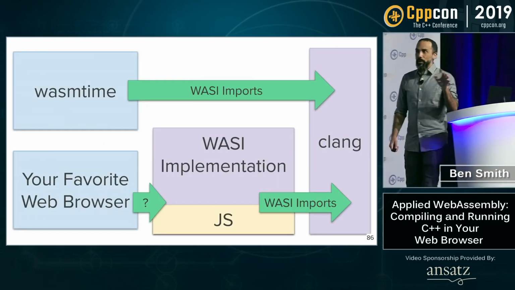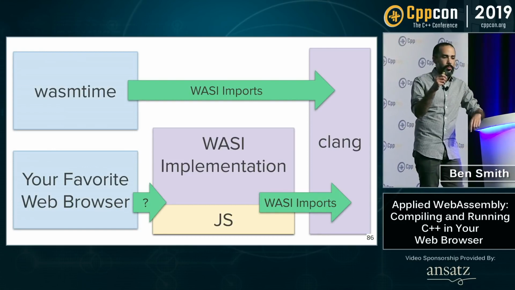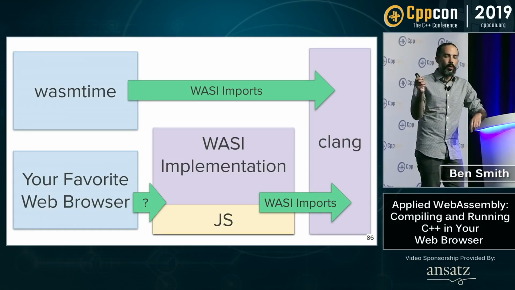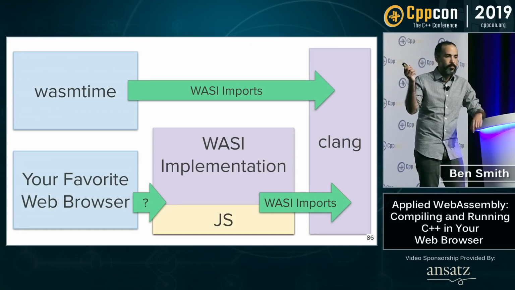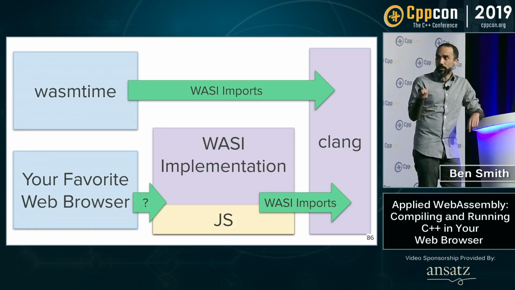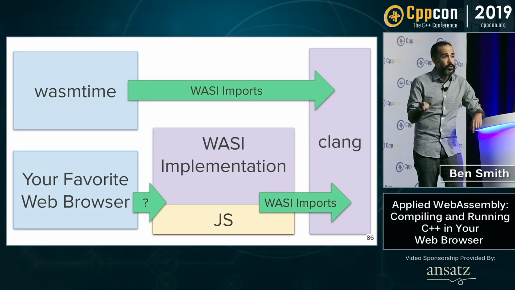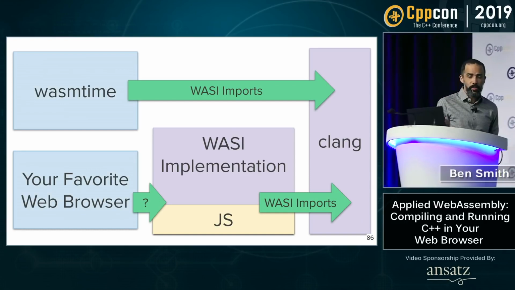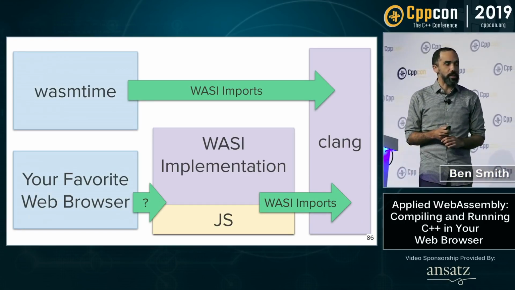Okay, so what we have now is WASM, which has the WASI imports already implemented, and then we can use those to run Clang. But if we want to run this in the browser, we actually need to provide our own WASI implementation, because that's not currently provided in the browser yet. It might be in the future, but for now, it isn't.